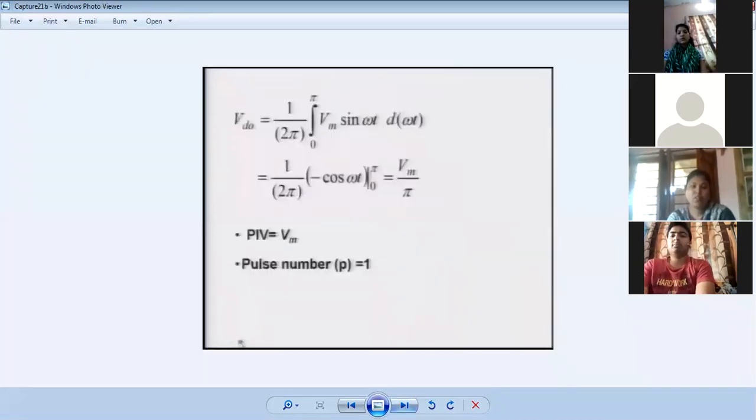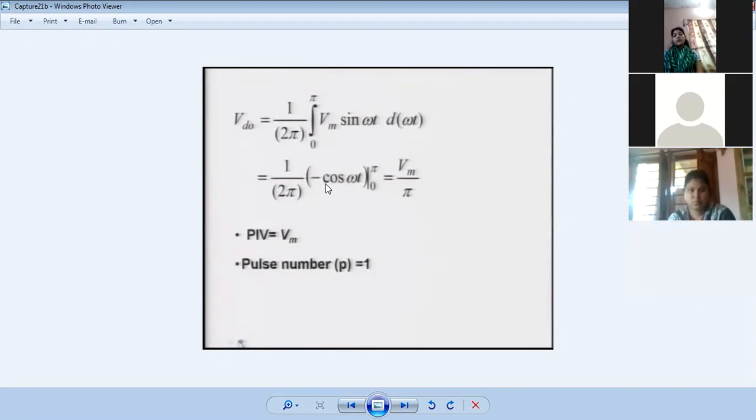Okay, and this is the formula: VDO is 1 by 2 pi, integration 0 to pi, Vm sin omega t d omega t. In this case we will not take dt, we will take omega t as the reference. This is Vm by pi after integrating, giving minus cos omega t from 0 to pi.